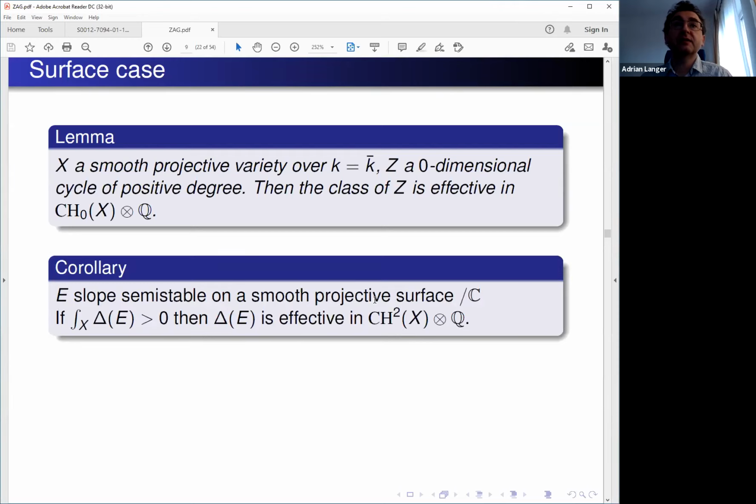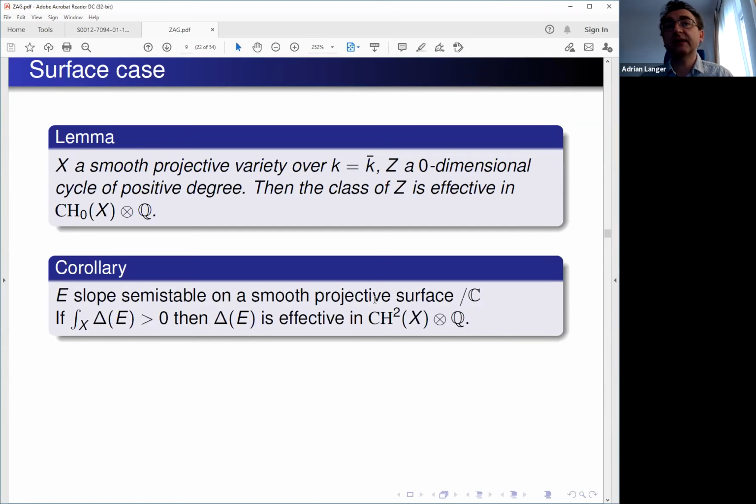Obviously this implies that if we have something that is slope semi-stable on a smooth complex projective surface, and the degree of the discriminant is greater than 0, then the discriminant is effective in the codimension 2 cycles on the surface.